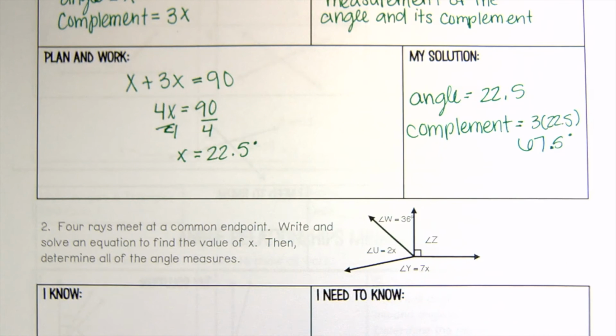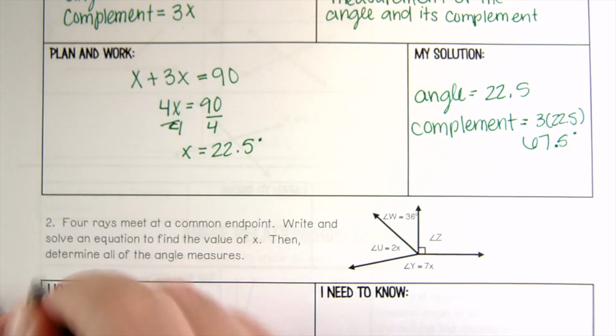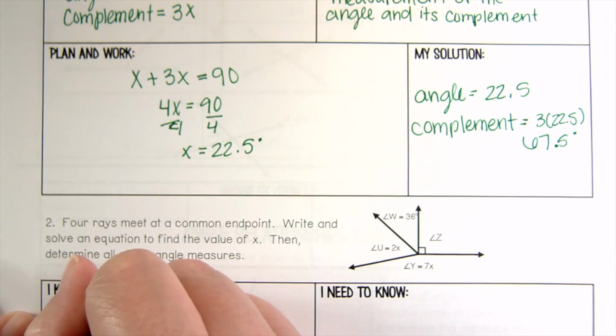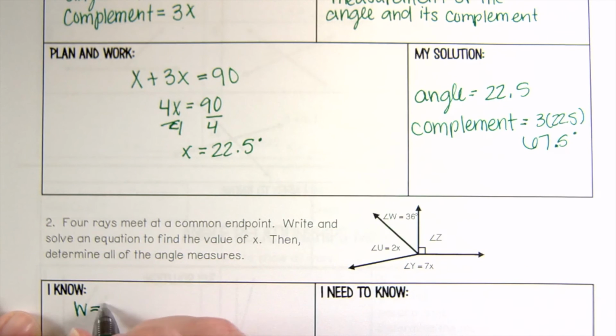Number 2, 4 rays meet at a common endpoint. Write and solve an equation to find x. Then determine all of the angle measures. So what do I know? What does W equal? 36 degrees. What does Z equal?